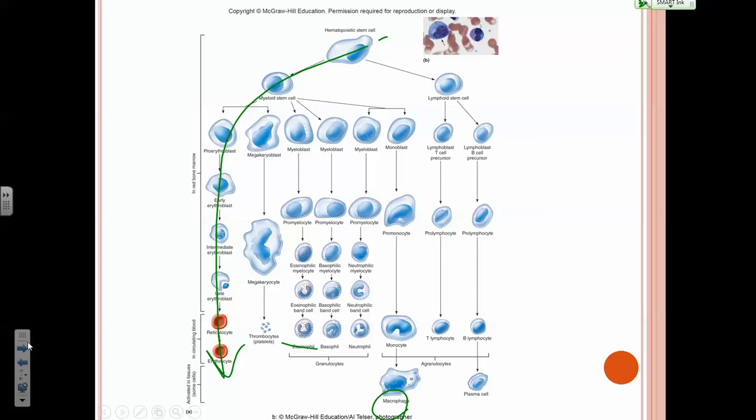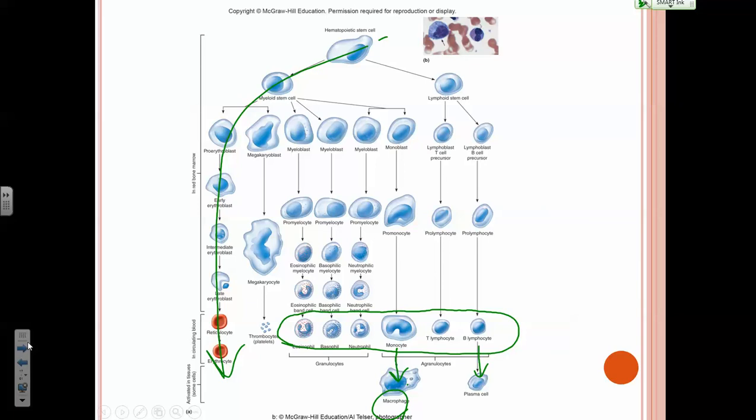Do you notice? Here's the circulating in the blood, the circulating white blood cells. It's kind of interesting. One of these can get out of the bloodstream to become a macrophage. And then this one gets out to become some other cells that we'll talk about in another chapter. But anyway, these are the white blood cells that I've circled.